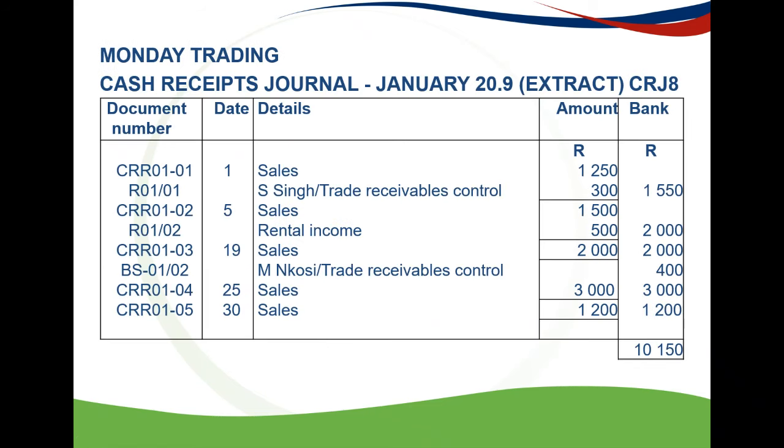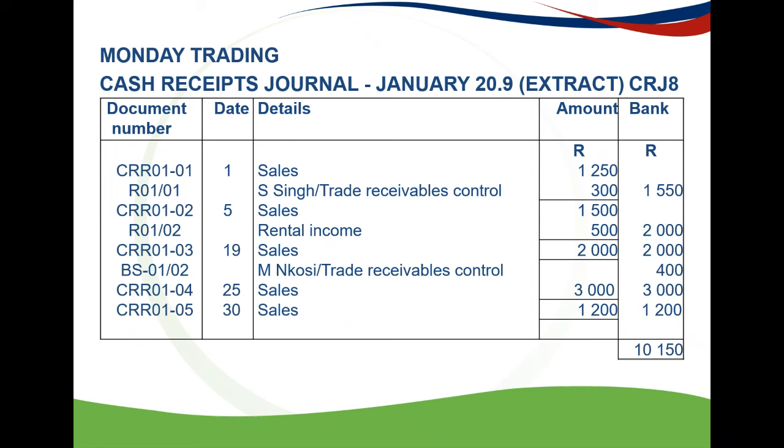Then they provide us with the cash receipts journal for January. Here we have all the transactions that were recorded during the month. They only provide us here with the bank column. We don't have all the detail, which is not necessary because the bank column is the important column to work with for the bank reconciliation.